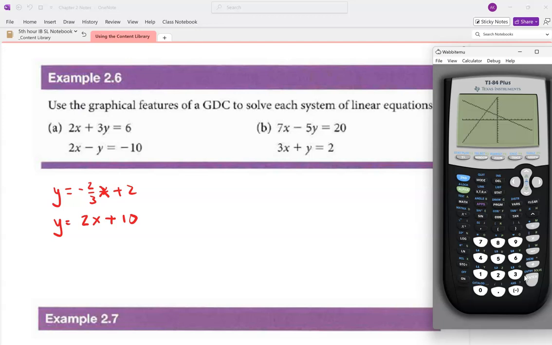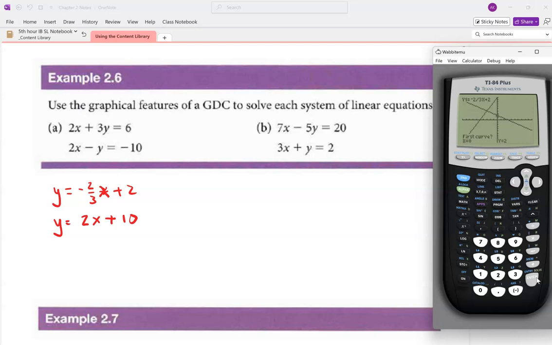But what I'm about to show you will not work if you can't see the intersection, right? So to find that intersection, I'm going to press second and then the trace button. I'll select the intersect command. And here's the nice deal. How many lines did we graph? Just 2.